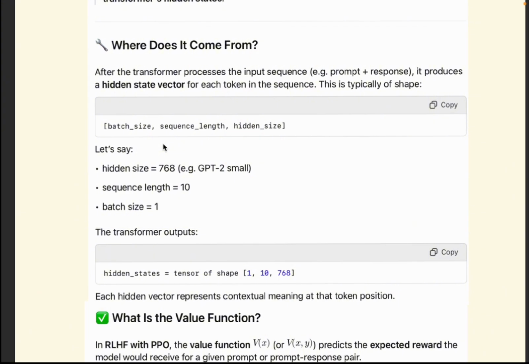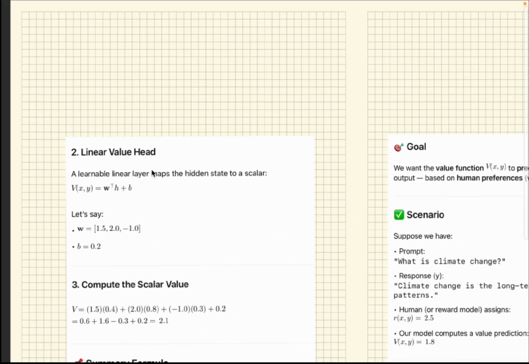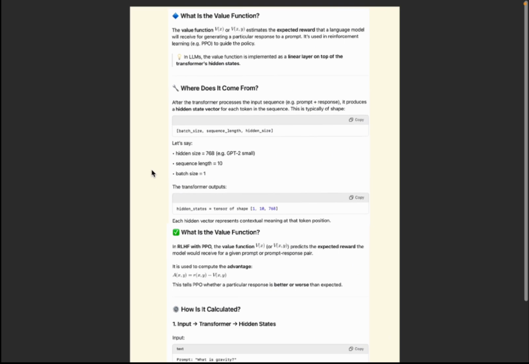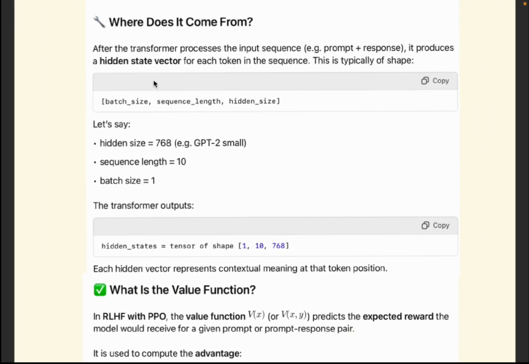So instead of feed forward, which would give us a choice between different tokens and a softmax and so on, we literally put a linear layer and try to estimate the value function, and we try to minimize the loss.